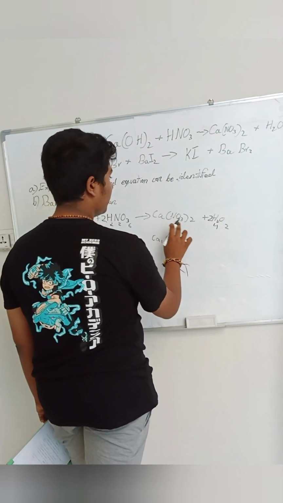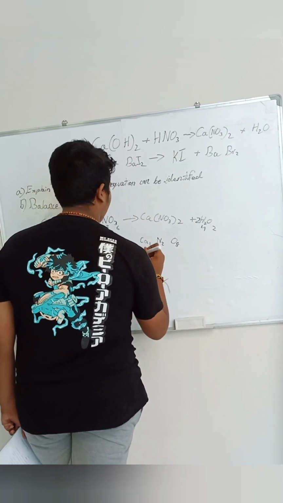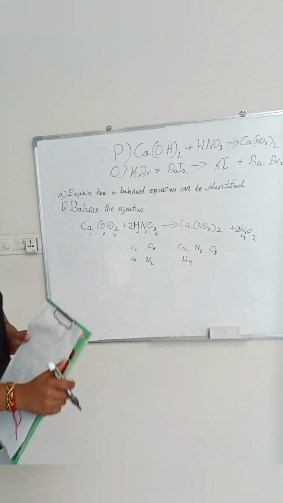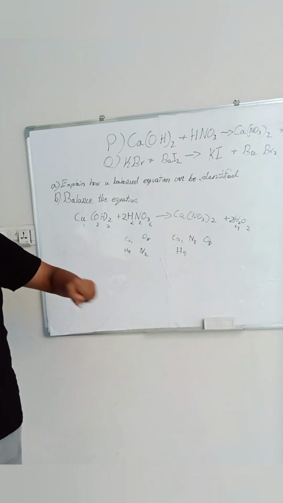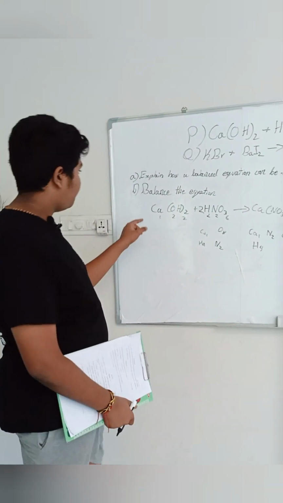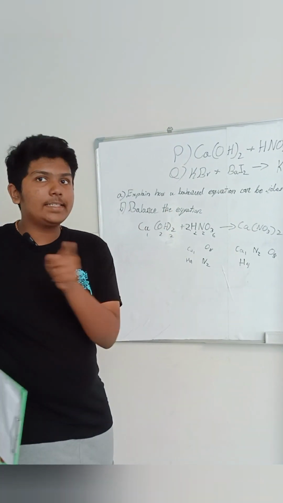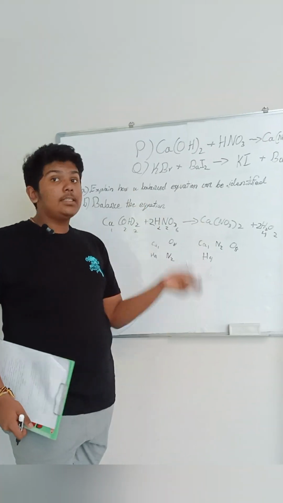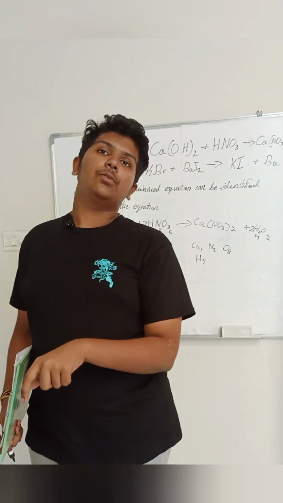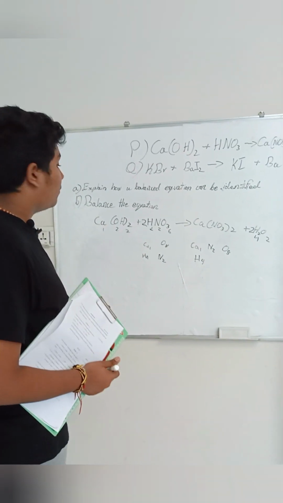So this O6 plus O2 is O8. H is equal to 4. So hence this equation is balanced. How to read the equation: Ca(OH)2 plus 2HNO3 gives Ca(NO3)2 plus 2H2O. So hence it's balanced. Now for the next equation.